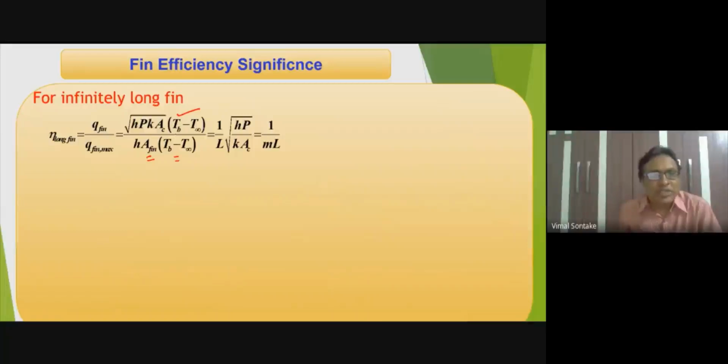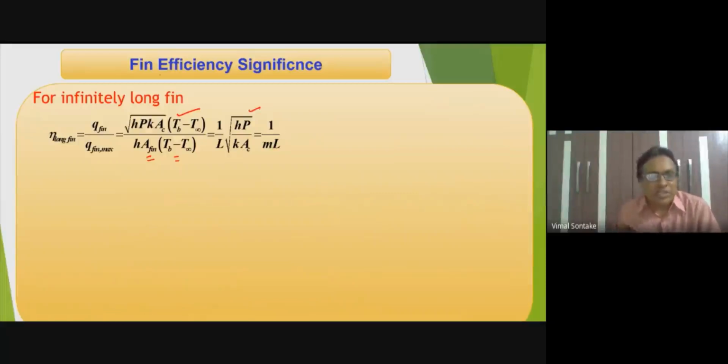After taking this into consideration, it becomes 1 upon L square root of hP over kAc, and this entire term is m. So it becomes 1 over mL.